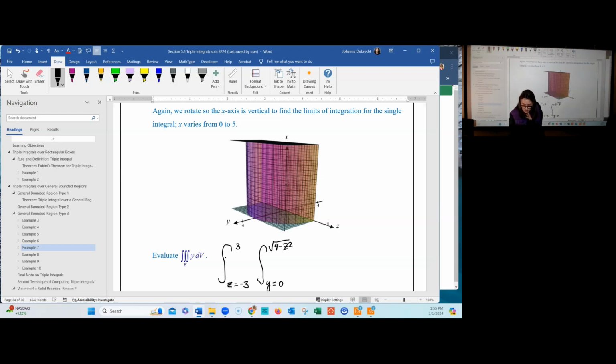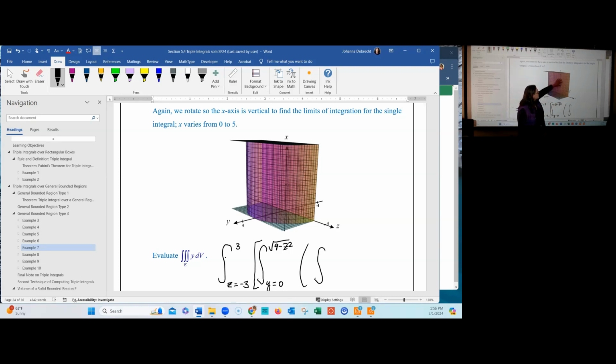Now our single integral, which is going to be on the inside of that, is going to have to be with respect to x. So to determine what it's going to be with respect to x, we rotate the image so that the x-axis is pointing straight up and so that we can see the YZ plane on the bottom. When we do that, we look at this solid region, which looks like half of a semicircular tube.